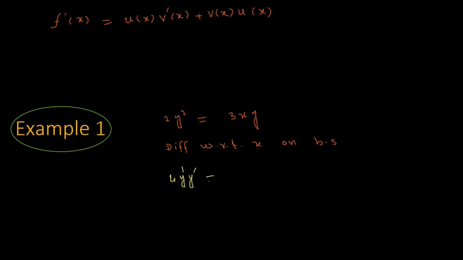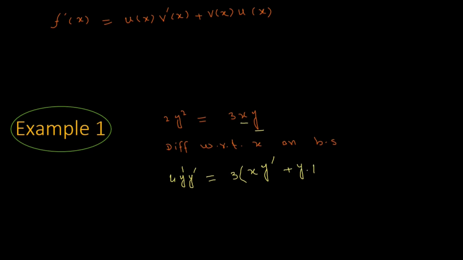In the similar way, 3 and this is x. This is your first function and this is your second function: first as it is and derivative of the second, which is y prime, plus y as it is and derivative of the first. The derivative of x with respect to x is 1.